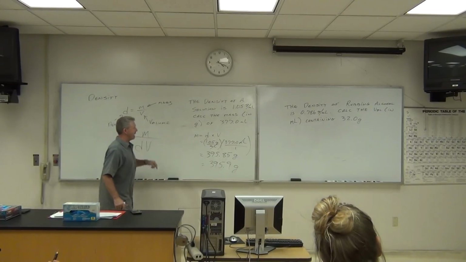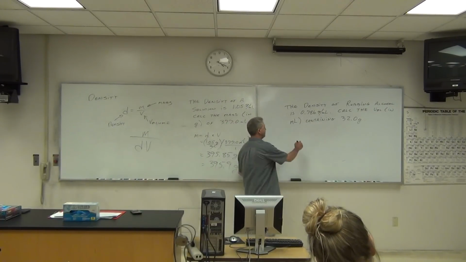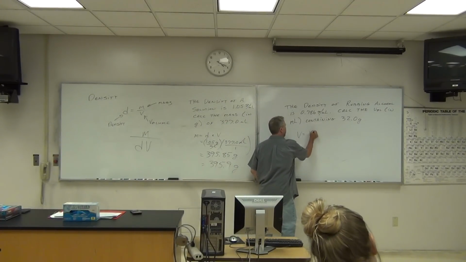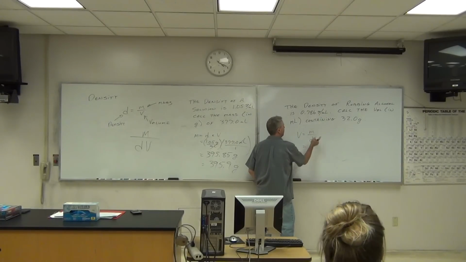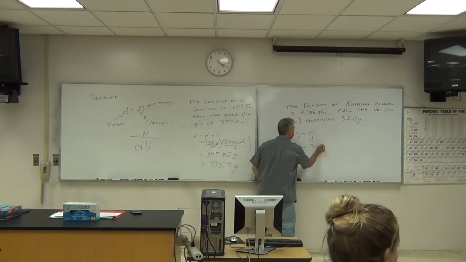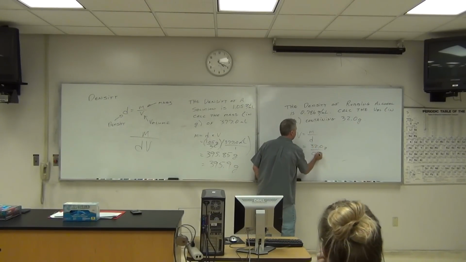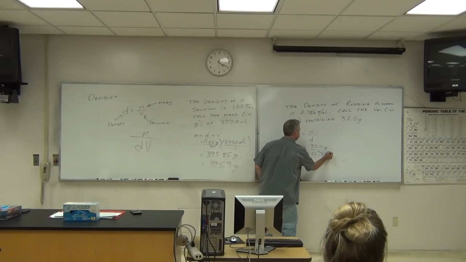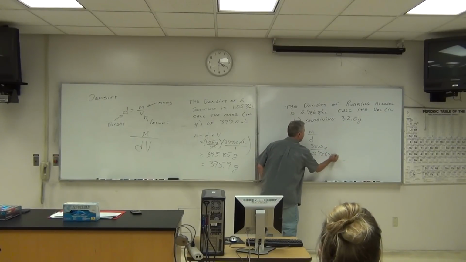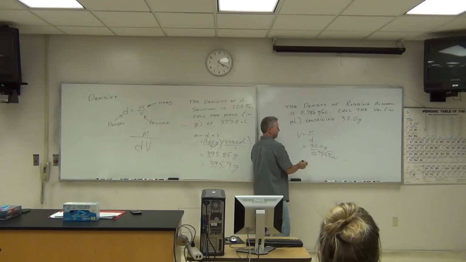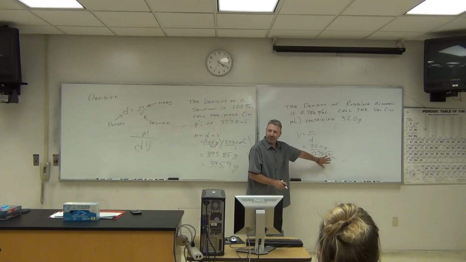Cover up volume, we got mass divided by density. Volume equals mass divided by density. Our mass is 32.0 grams. Our density is 0.786 grams per mil. When you divide by a fraction, you invert and multiply, right?